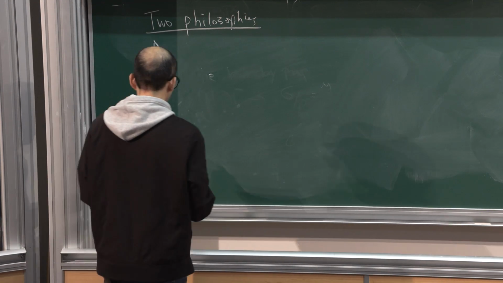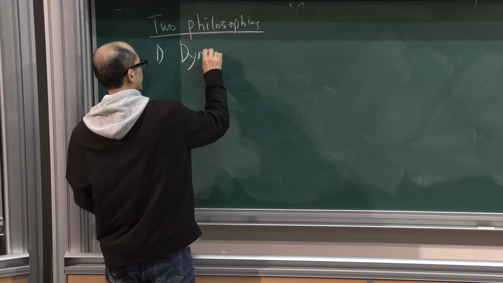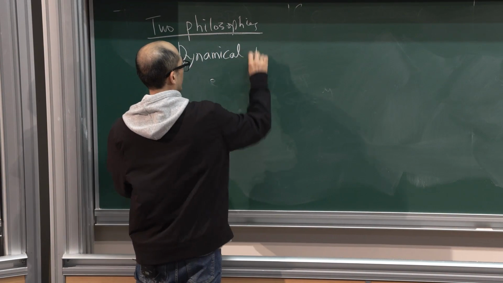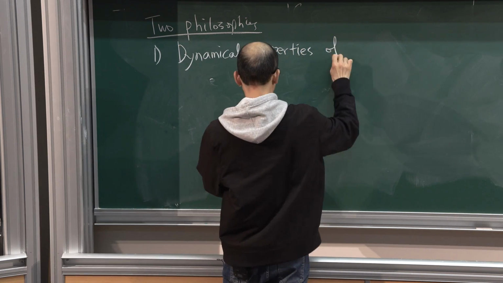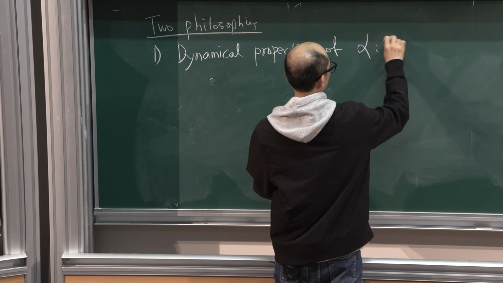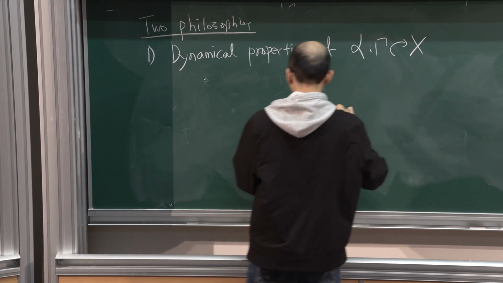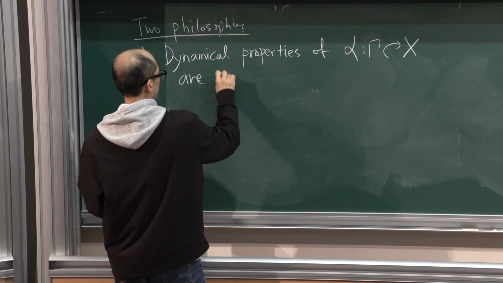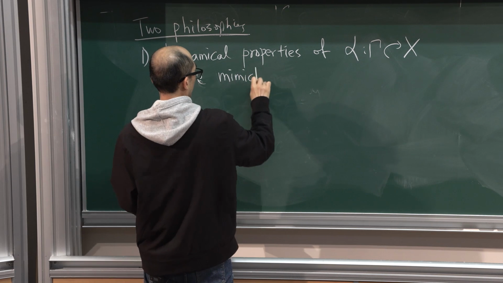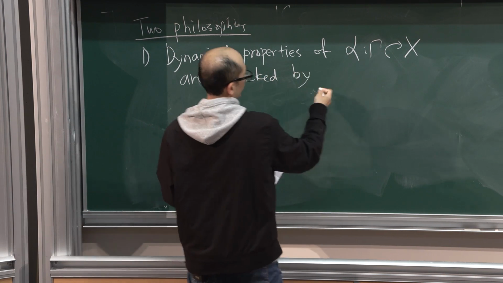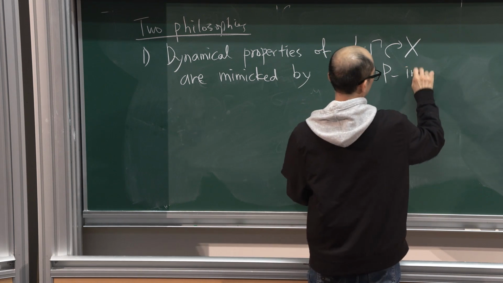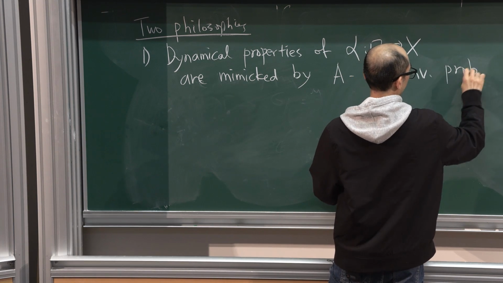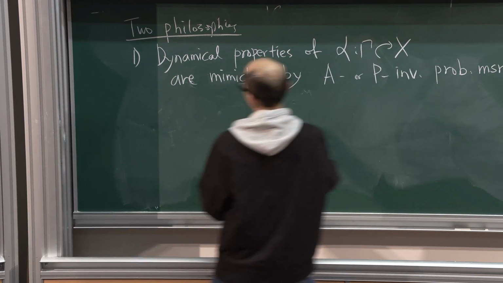First, the dynamical properties of alpha are mimicked by A or P invariant probability measure that projects to R.